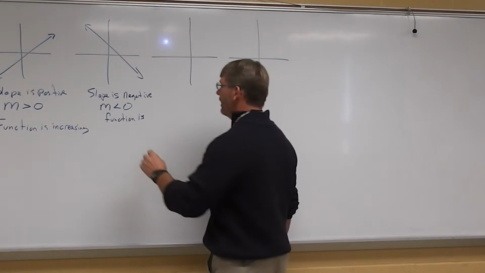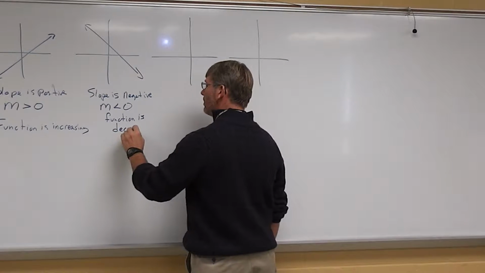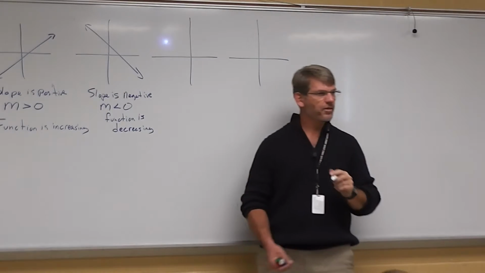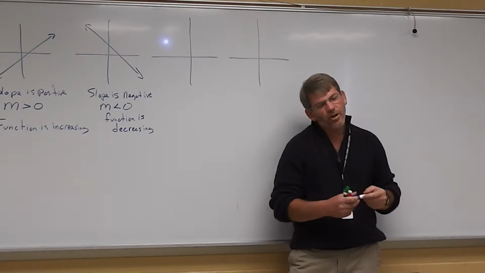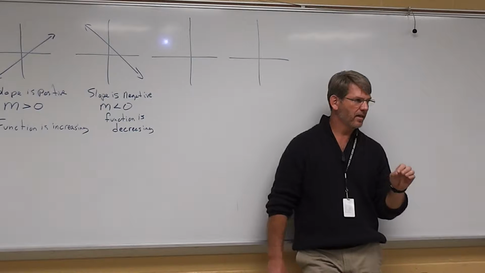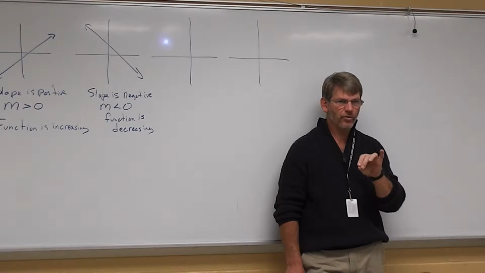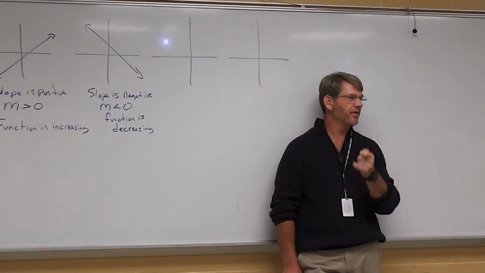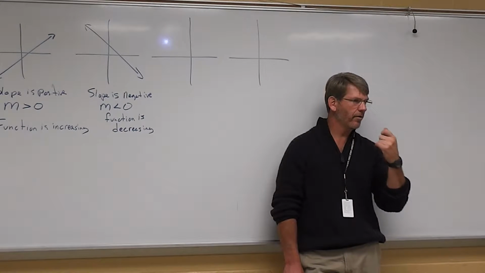Decreasing. All right. Now, sometimes I don't think students have made all the connections we hope for them to. When we're talking about a function increasing, we're talking about the values of the function. Now, are the values of the function the x coordinates that go in or the y coordinates that come out?